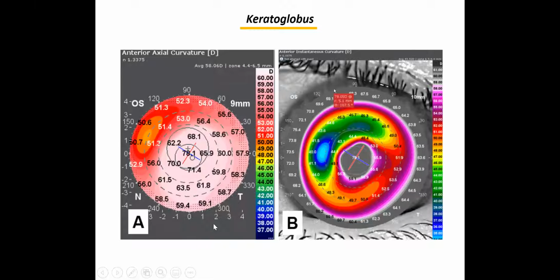There is no flattening in the periphery. There is an incredible lump, 78 diopters at the center. Then there is a ring, a little flatter, and suddenly the cornea is steeper more and more. So this is a dome, a very steep dome.